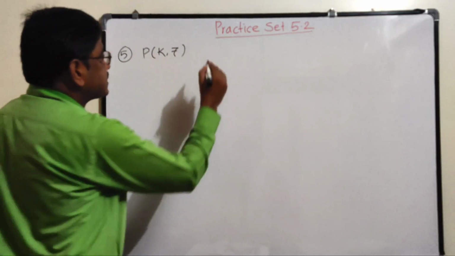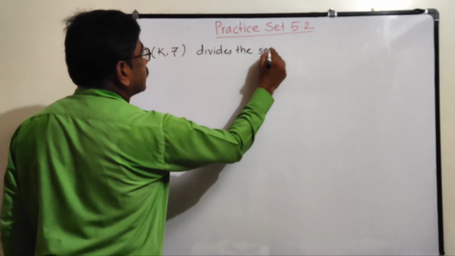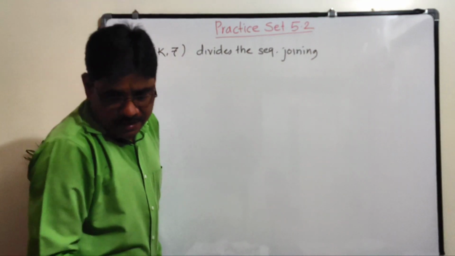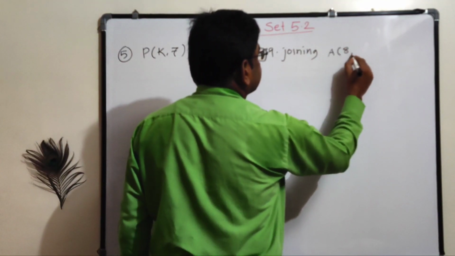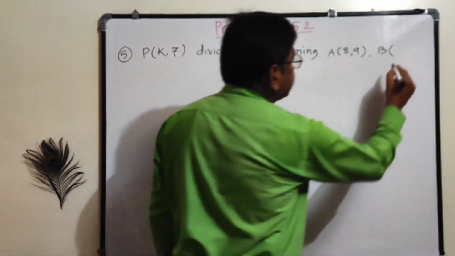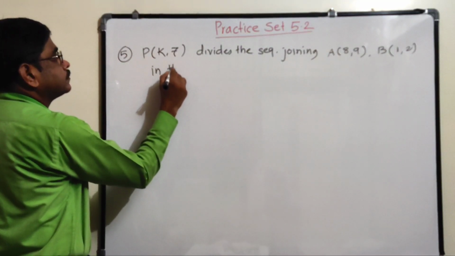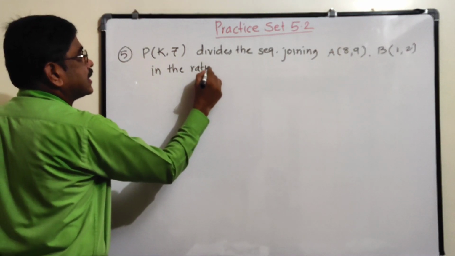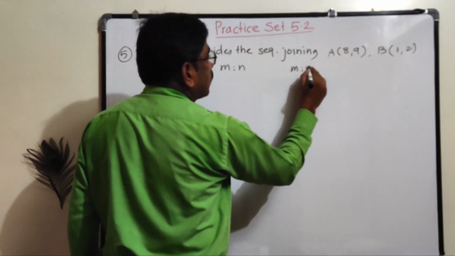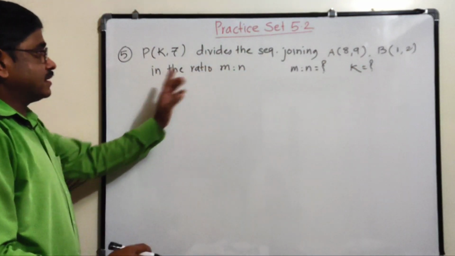K7 divides the segment joining this A89 and B12 in the ratio, let it be m is to n. Then what we have to do? Find m is to n, this one, and find k. Both we have to find here, m is to n and k.